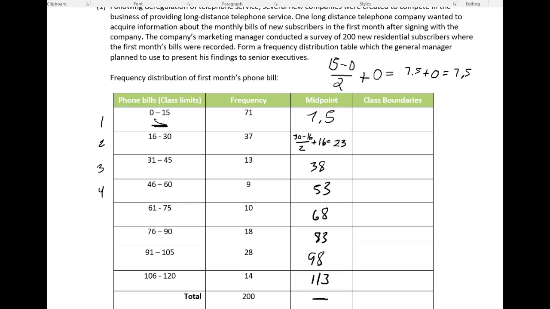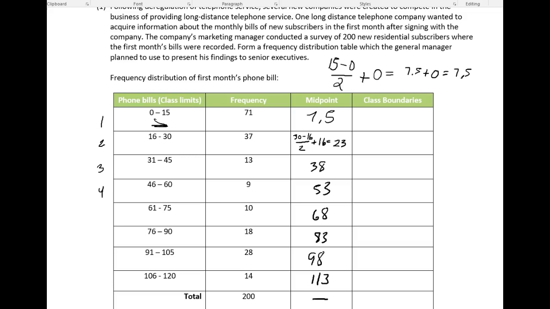So you're basically just taking the size of that class, whatever that spans, half of that. You're just trying to find the midpoint, right smack dab in the middle of the class. So you're taking the top minus the bottom, dividing it by 2 to get half of that length, and then adding that to the bottom side. You could also just subtract it from the top side if you wanted to. So that's how you're getting the class midpoint.